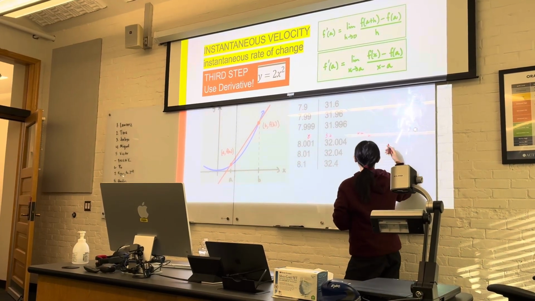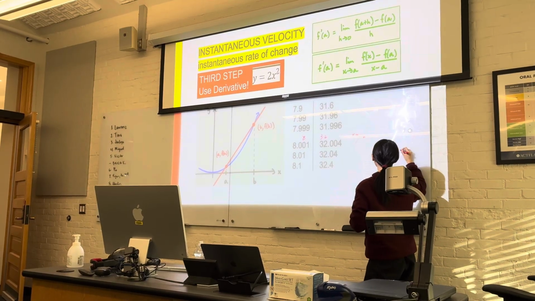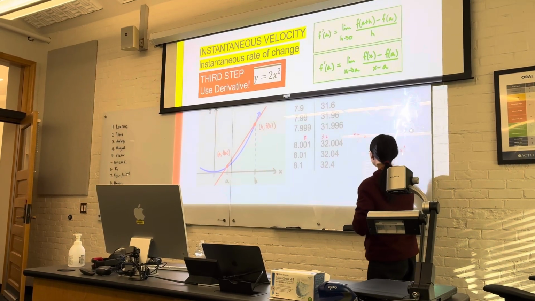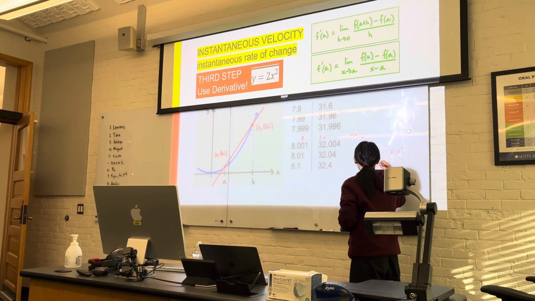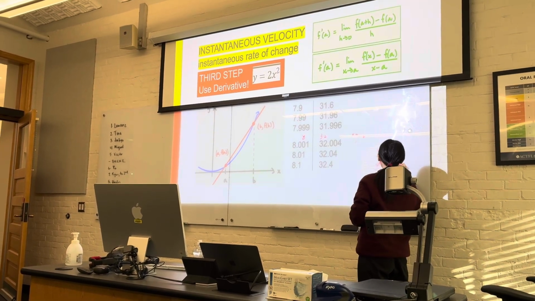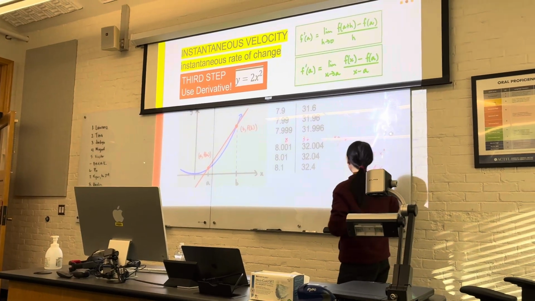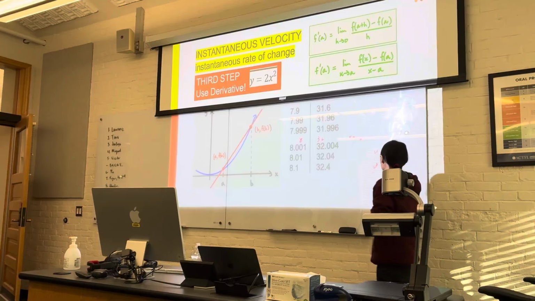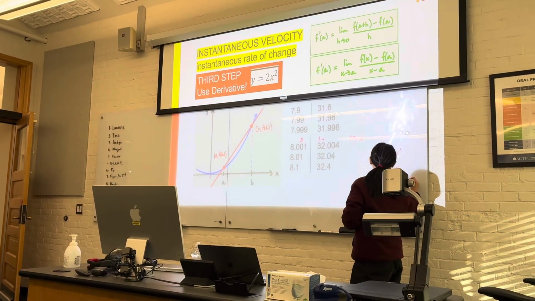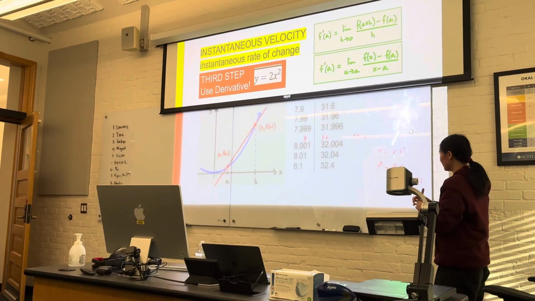Like this formula is y equals 2x squared, and this derivative is 4x. Put x goes to 8, and we can measure the instantaneous velocity is 4 times 8, which is 32.